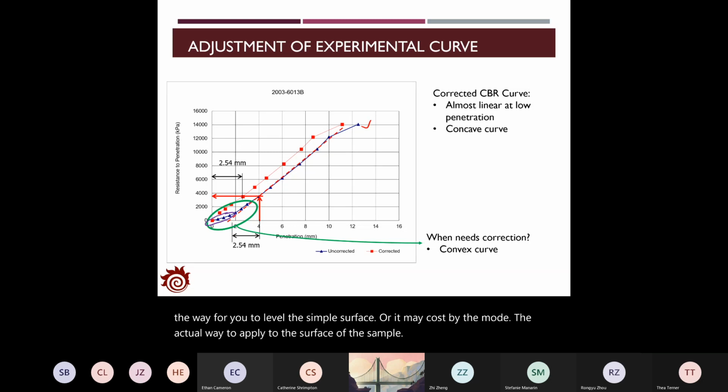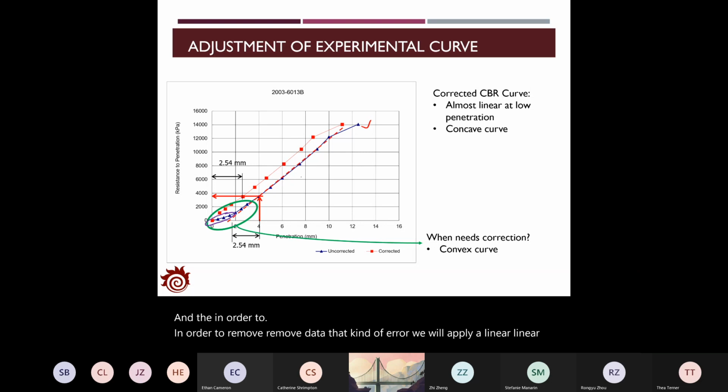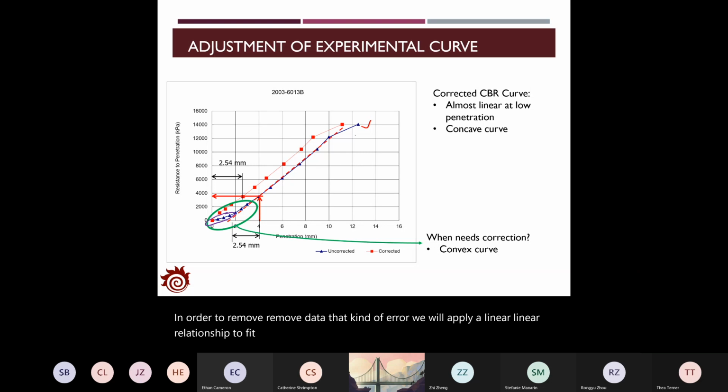In order to remove that kind of error, we will fit a linear relationship to the observed points, and then find the offset, which is the intersection between the fitted line and the horizontal axis.